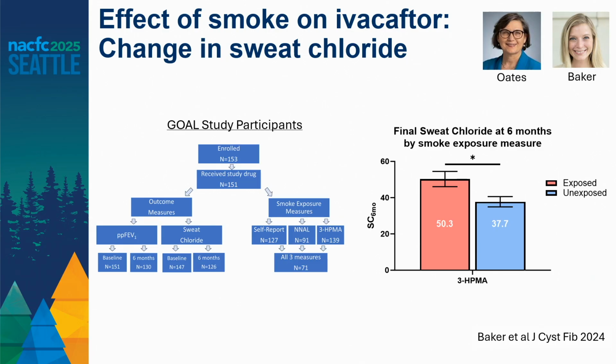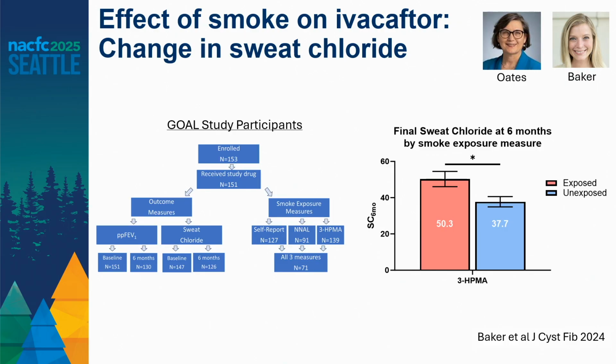We went back to look at urine biospecimens from participants in the GOAL study. And actually, part of this was to see an objective versus subjective measure. So we had the self-report of smoke, NAL, which is a tobacco metabolite, and 3-HPMA, which is an acrolein metabolite.